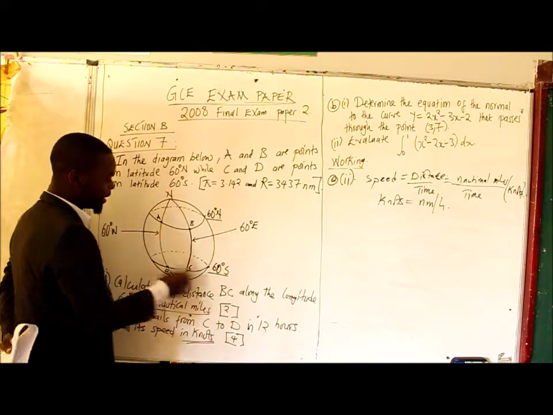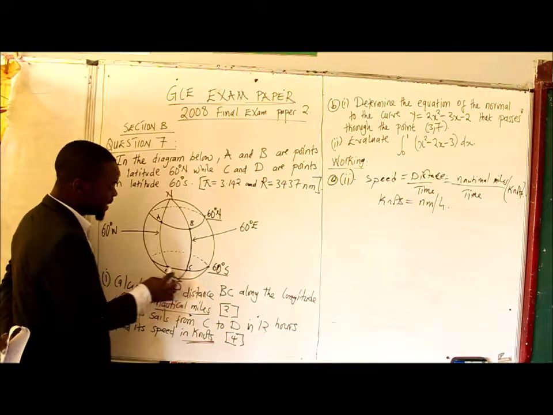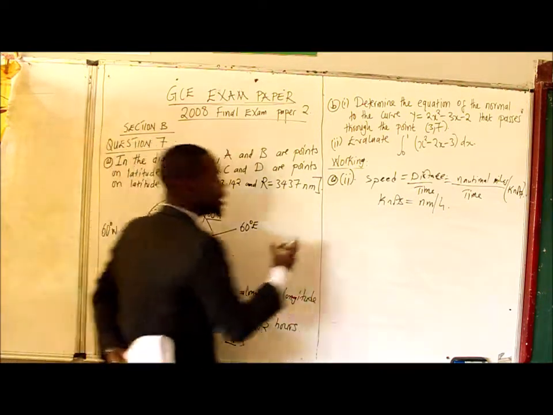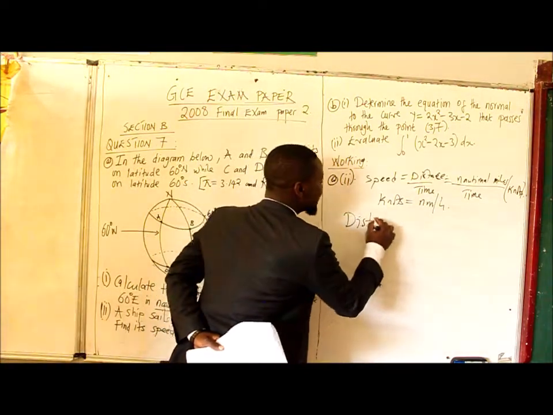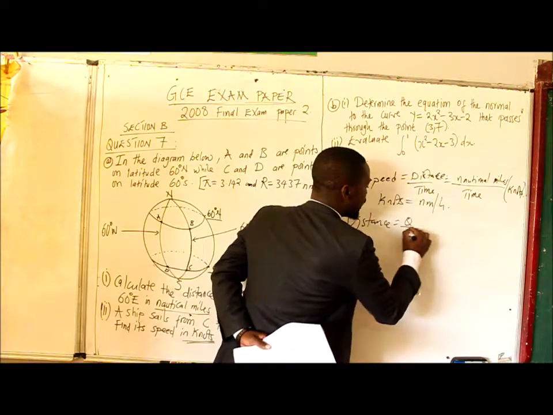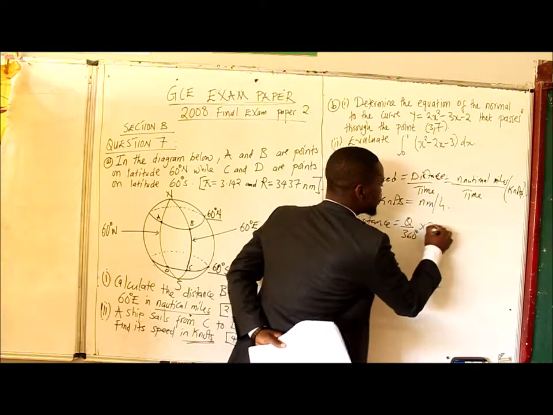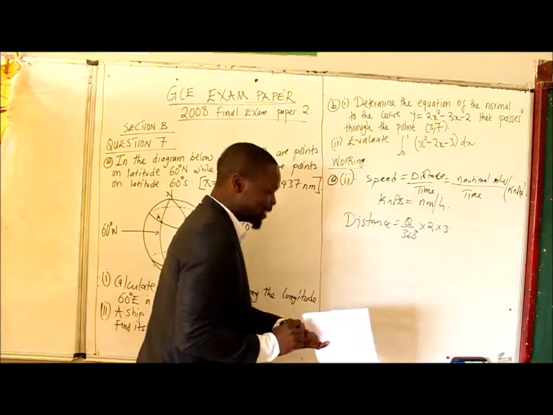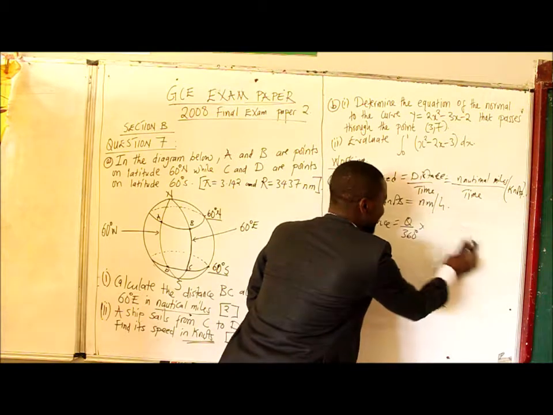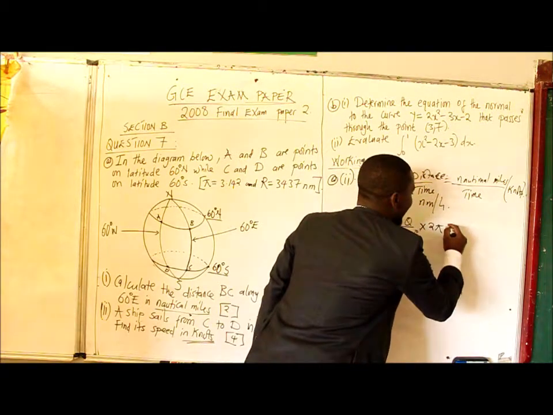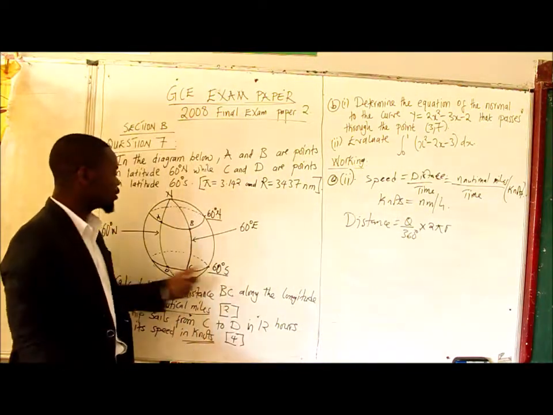The distance CD is along the latitude. So we use the formula: distance is equal to 2 pi r, with small letter r, since it's along the latitude.